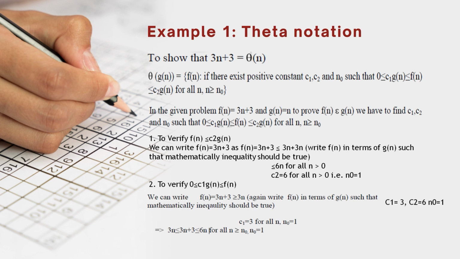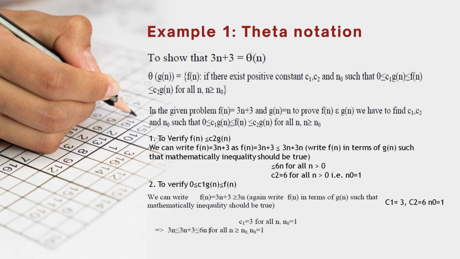So f(n) equal to 3n plus 3 is less than or equal to c2 times g(n), where g(n) is n. So I have used 3n, because 3n plus 3 is always less than or equal to 3n plus 3n. So for f(n) in terms of g(n), such that the mathematical inequality holds, here I have used the 3n extra term.